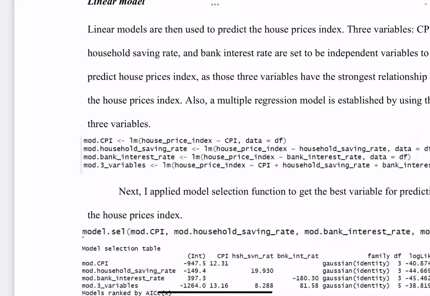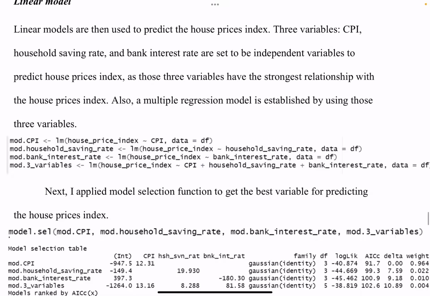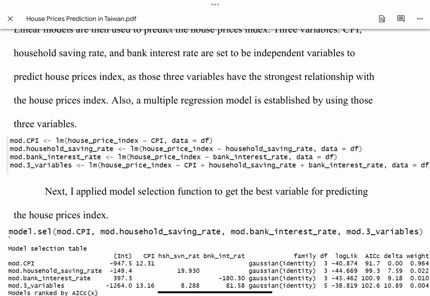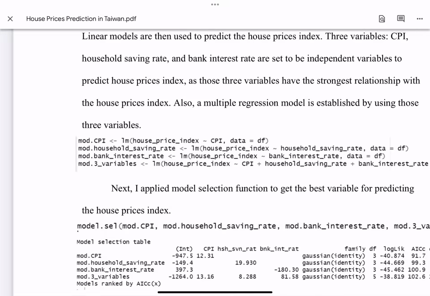And then the last one is a multiple linear regression. I use the three variables to predict the house price index. So now we have four models to predict the house price index. But we only want the best one.